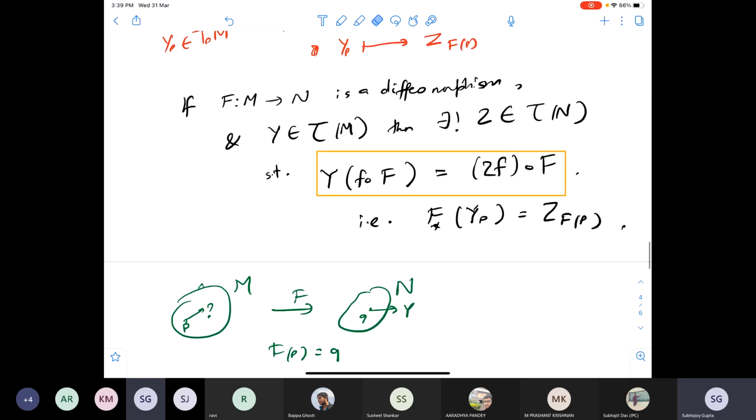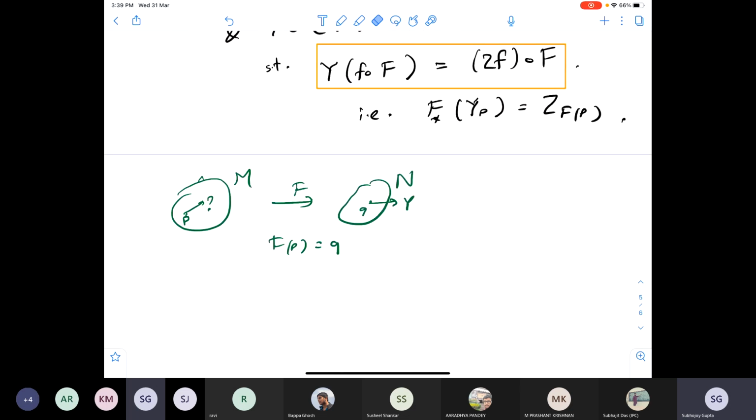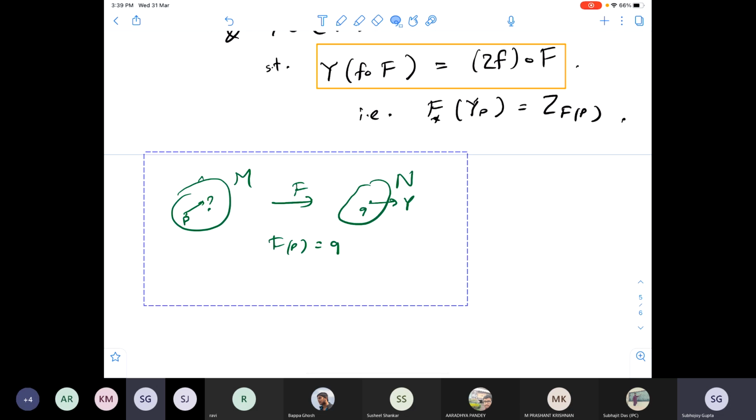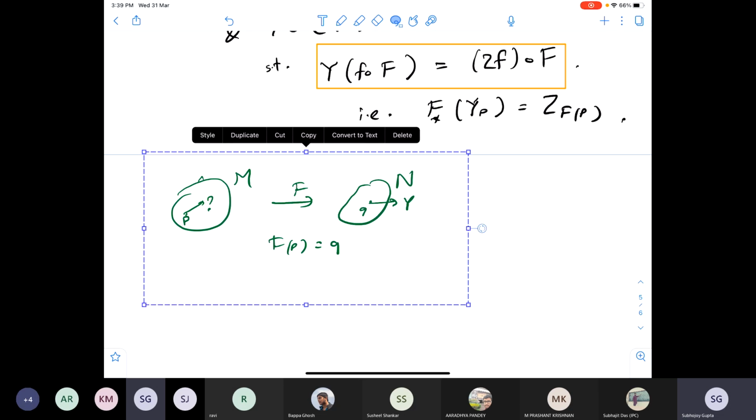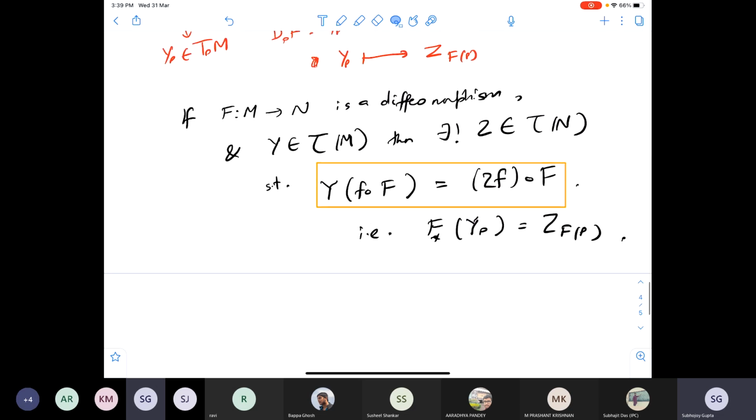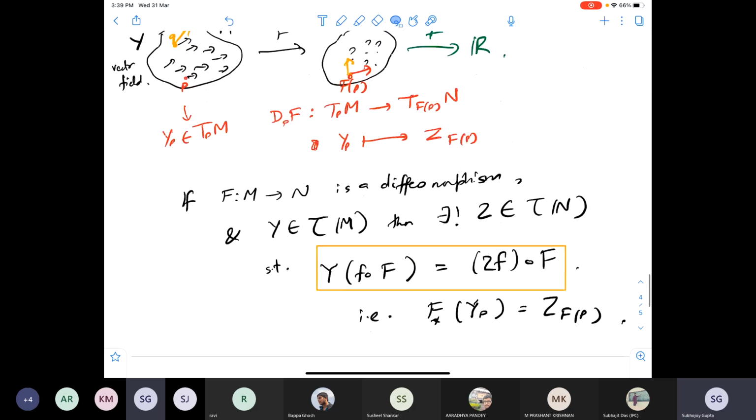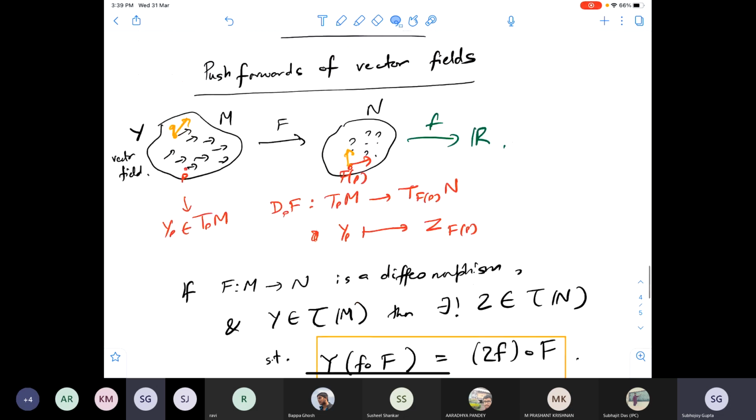Anyway, sometimes you can define it for other maps. You could be in a position where p and q both map to f of p, but the derivatives map the vector field vectors to the same vector. Then you have no problem. Then there is no ambiguity, and you can actually define it.